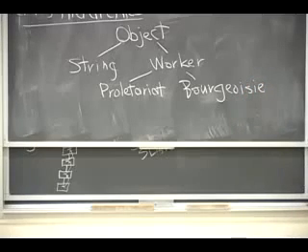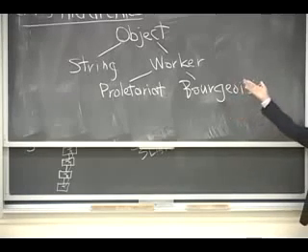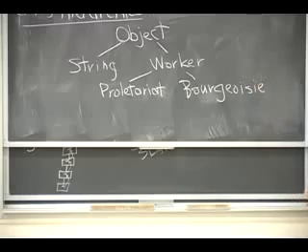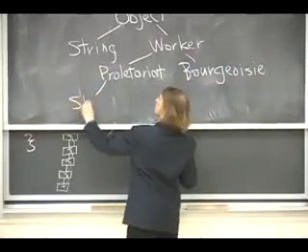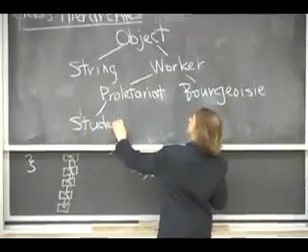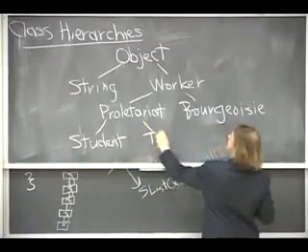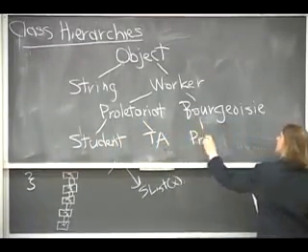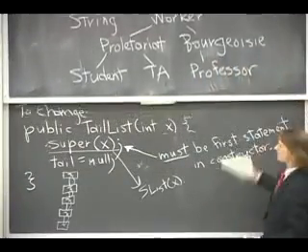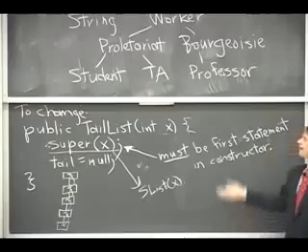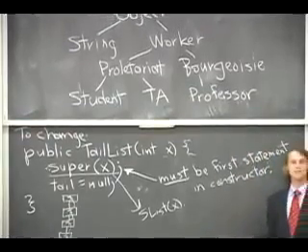And subclassing is transitive. So if Proletariat is a subclass of Worker, it's also a subclass of Object. And if Student is a subclass of Proletariat, then Student is also a subclass of Worker. And Student is a subclass of Object.